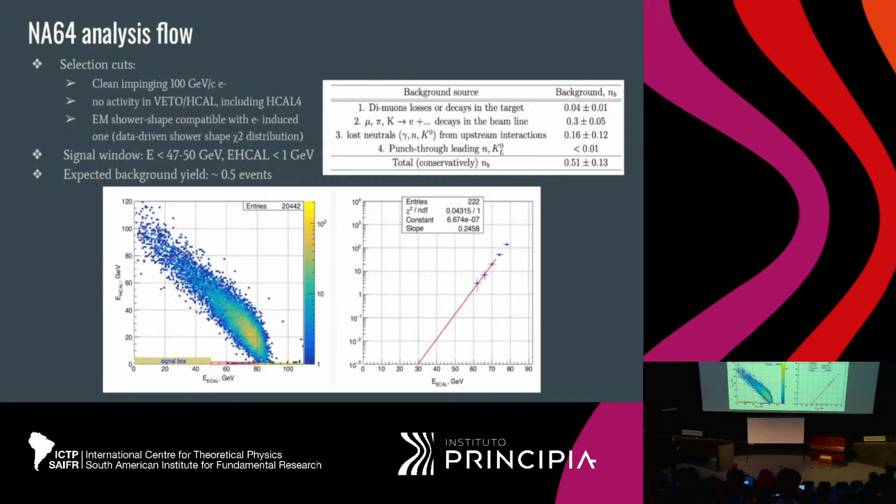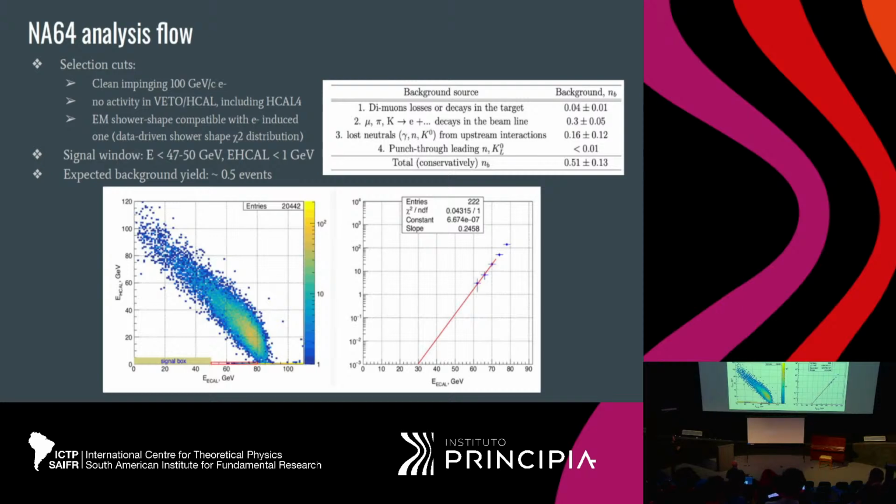So what are these? These are, for example, neutral hadrons, which are produced in the ECAL, are not detected in the veto, arrive at the HCAL, and deposit some energy in the HCAL. So this is basically an energy conservation band, where some energy was deposited in the ECAL and some energy was deposited in the HCAL, so the diagonal should be, let's say, from 100 to 100 GeV.